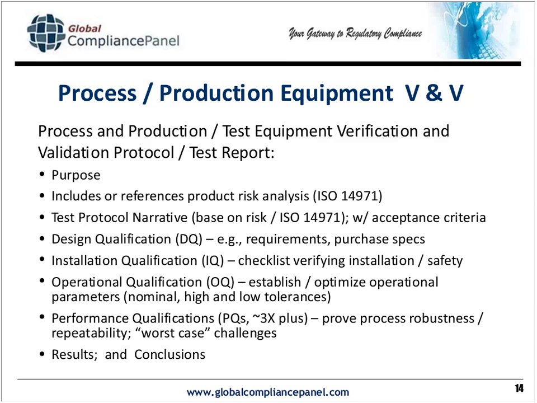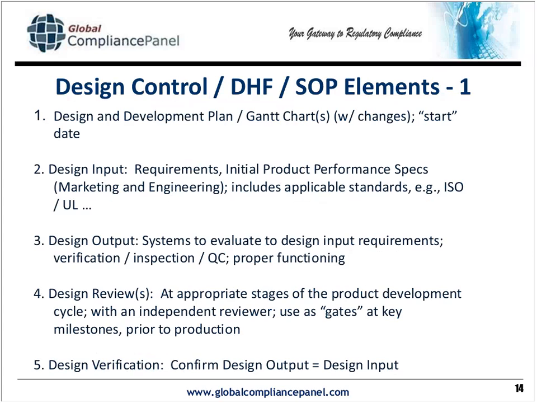And then of course results, which to me is the raw data, and then the conclusions, which is an analysis of the raw data coming up to the conclusion that your predetermined acceptance criteria have in fact been met, or where there were problems that you show how you've addressed that and retested to address that change in order to show that you now meet your modified requirements. All of this, too, would be included in your design history file or as pointers in your design history file to the other documentations or documents that exist, the other validation files, etc.